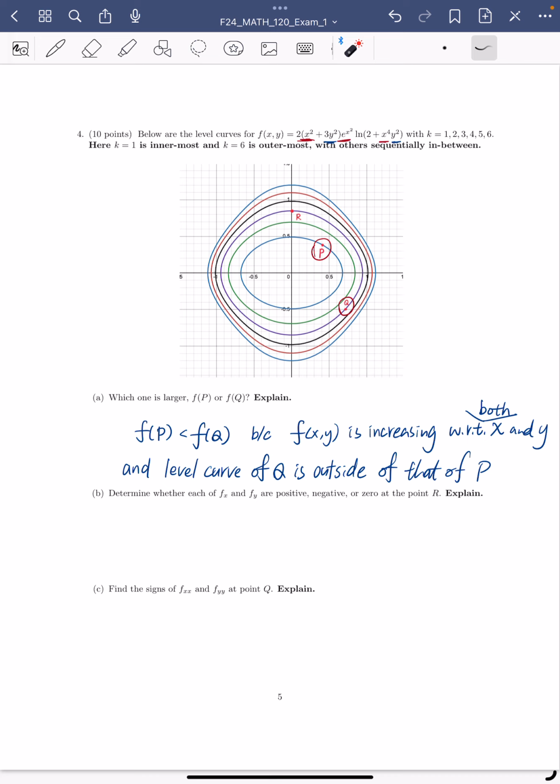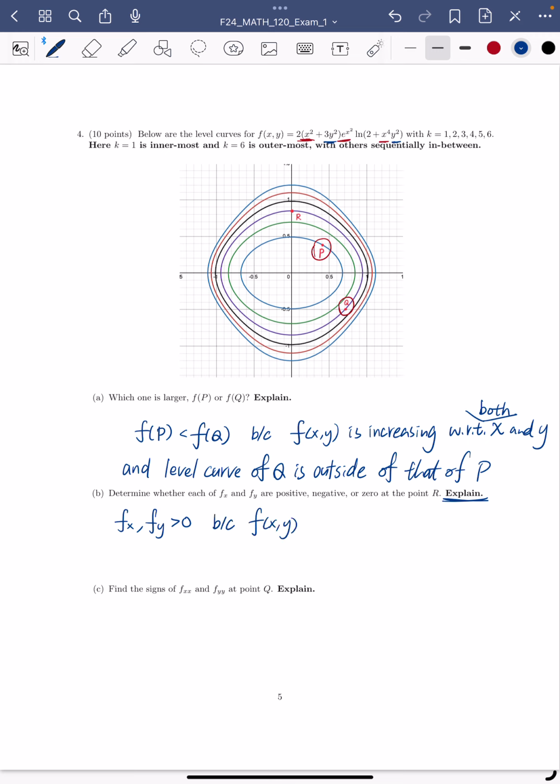As we know, the function is increasing with respect to x and y when they're larger. So f x and f y are both positive, then you have to explain. I guess that's the same argument, or just stick with the original argument.